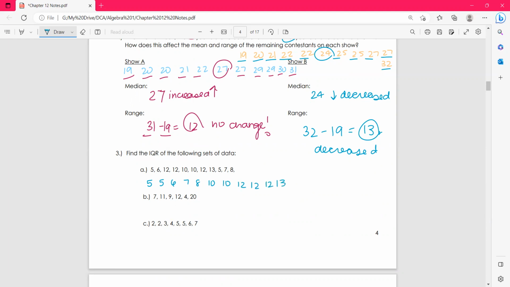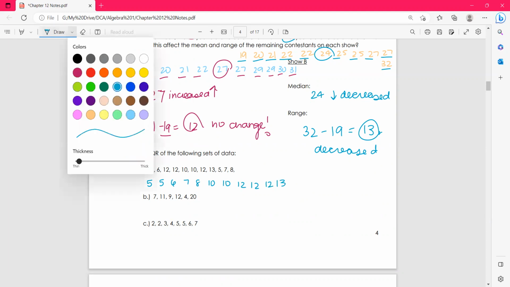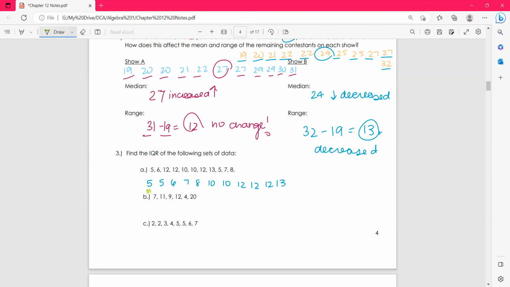And then I'm going to find the min, the max, the median, and then my Q1 and my Q3. And subtract them to find the IQR.